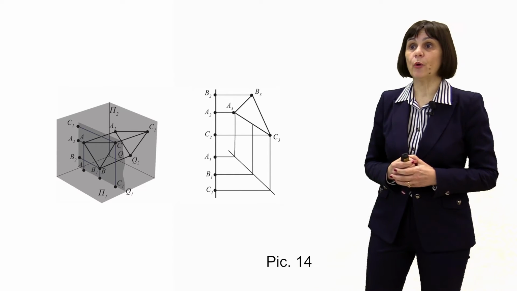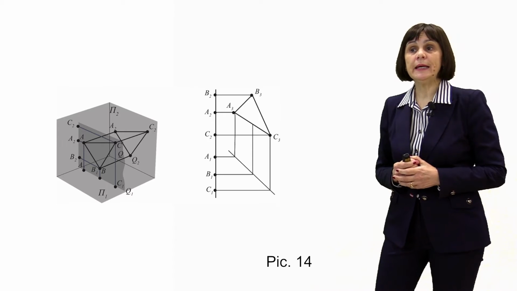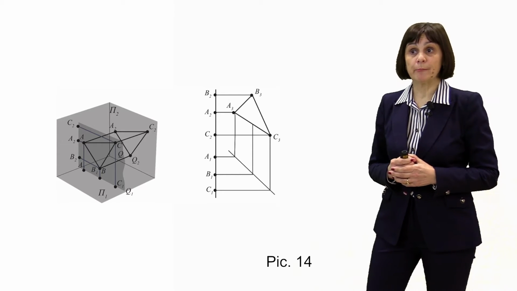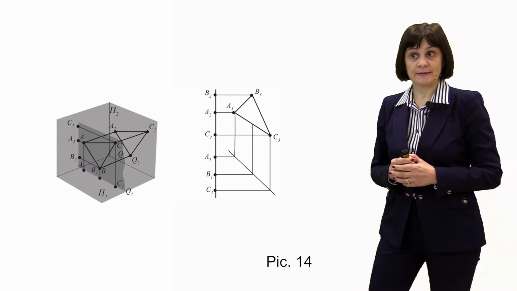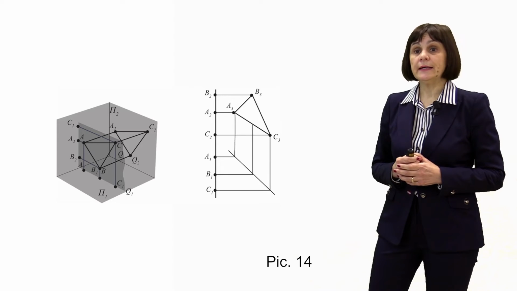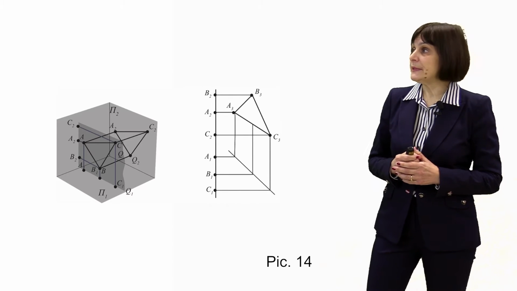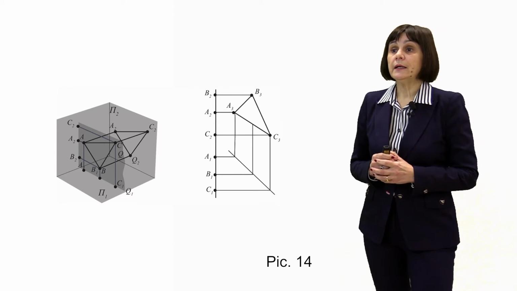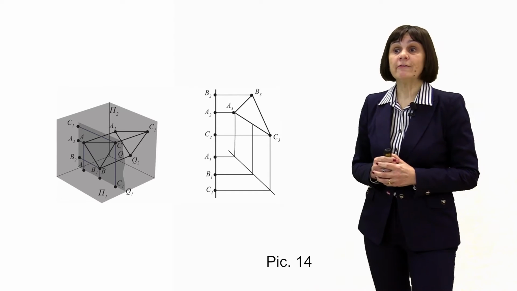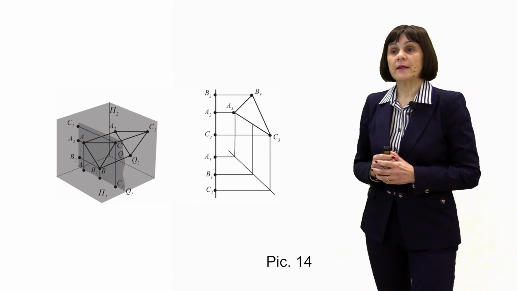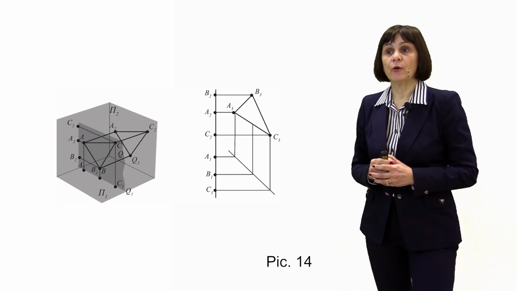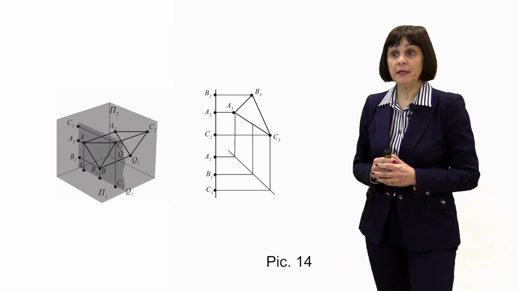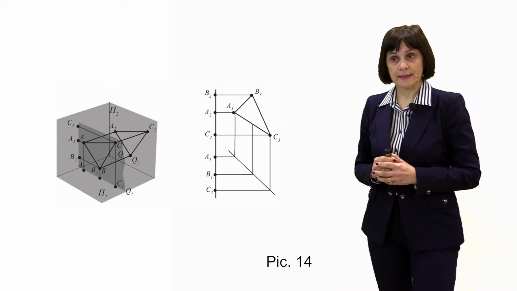Profile plane of the level is a plane parallel to the profile plane of the projections. Triangle ABC, as you can see from this drawing, is lying in the profile level plane, and this triangle is projected on the plane pi3 in full size.